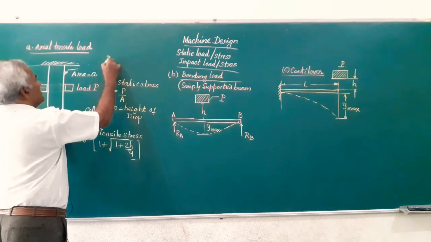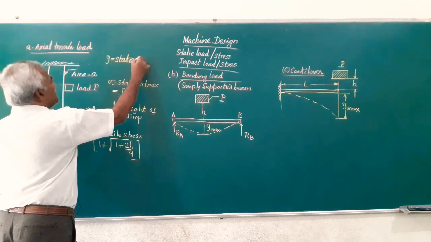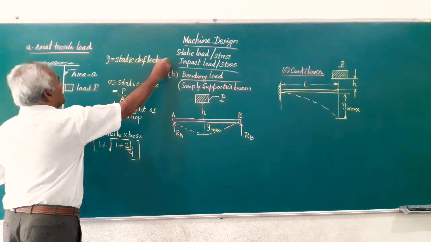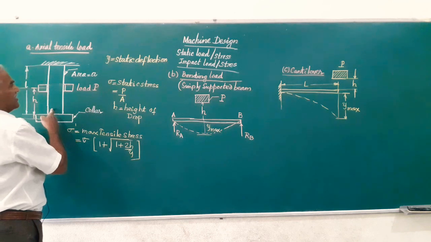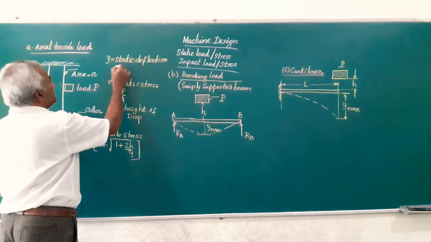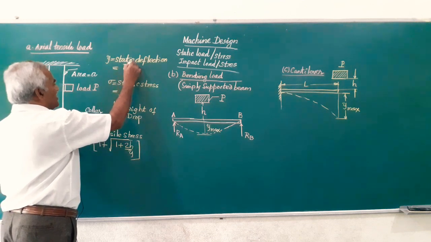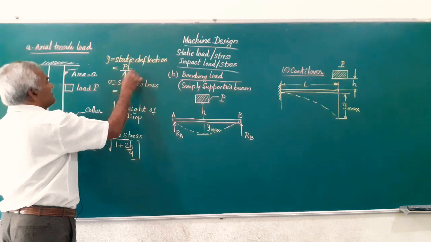I'll write down here, y is equal to static deflection. That is the deflection caused due to this load if it is statically applied at the end of this vertical rod. So friends, this static deflection for an axial load is given by the formula P into L by A into E.